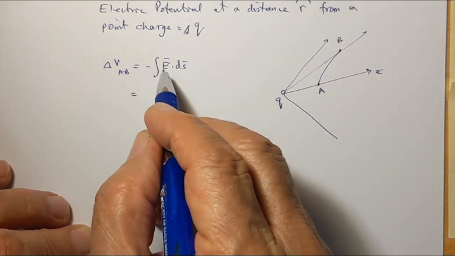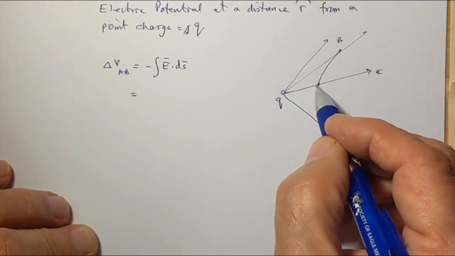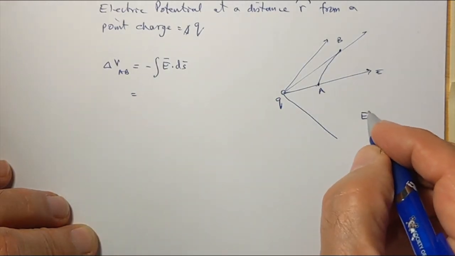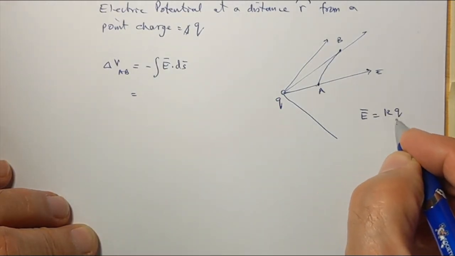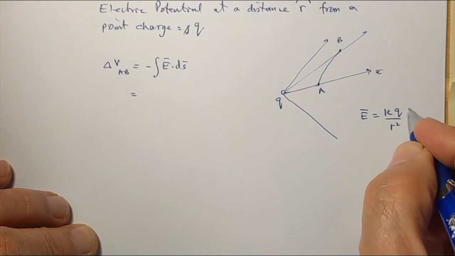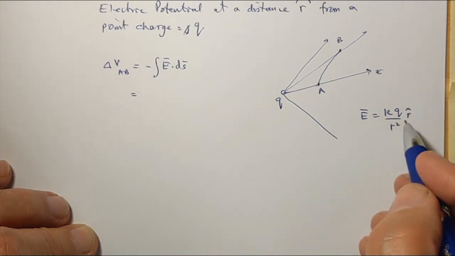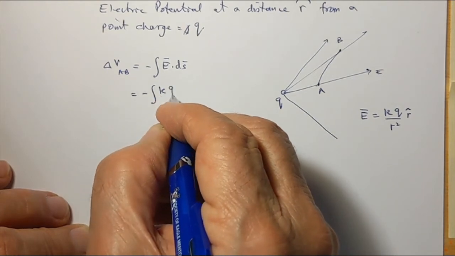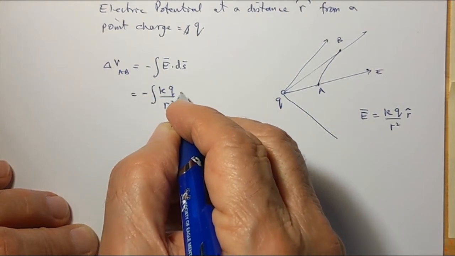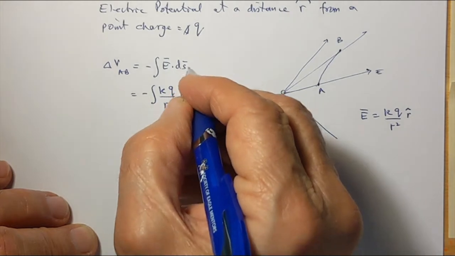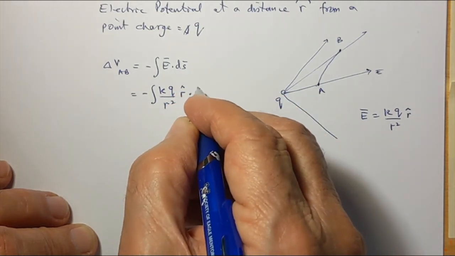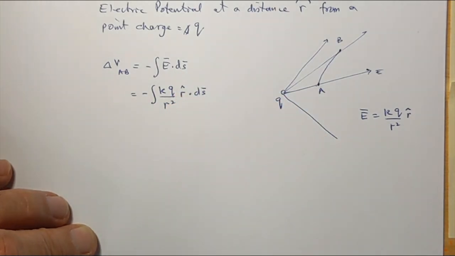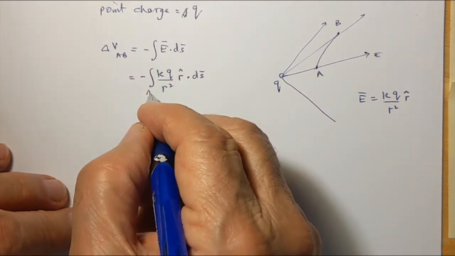Now the electric field at any point due to a point charge is given by kq over r squared in the direction pointing away from the positive charge. That's going to be minus integral of kq over r squared, r unit vector, dot ds. And we do the integration from A to B.